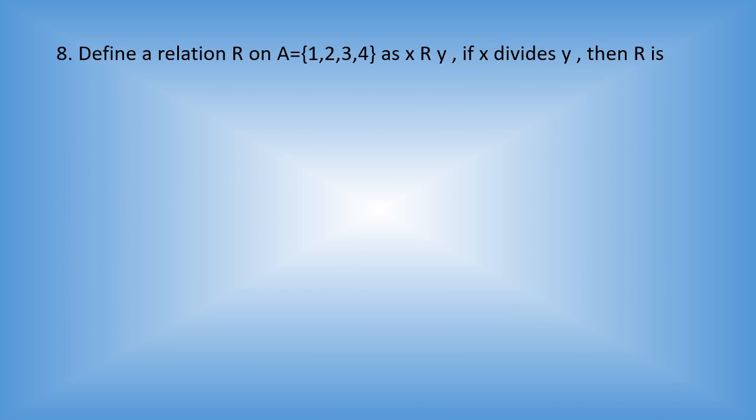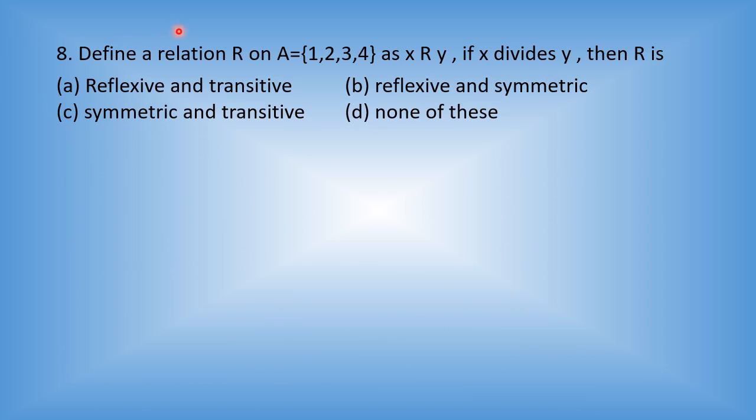The eighth one will be, define a relation R on the set A having the elements 1, 2, 3, 4 as x related to y if x divides y. Then R is reflexive and transitive, reflexive and symmetric, symmetric and transitive, or none of these.